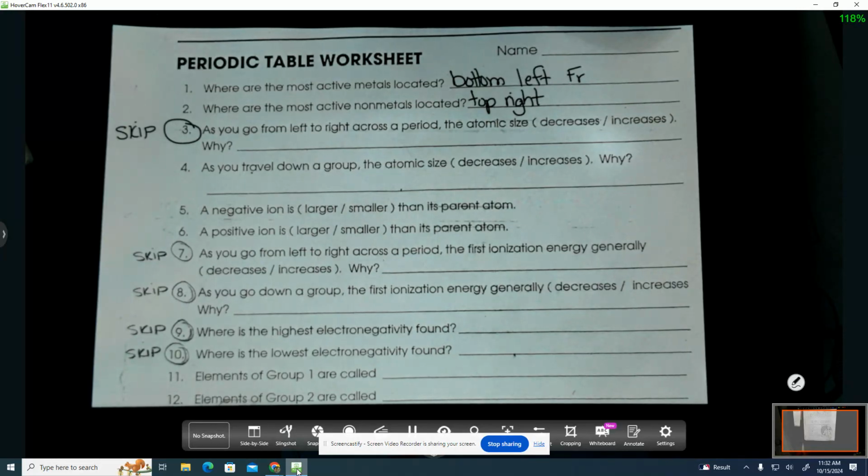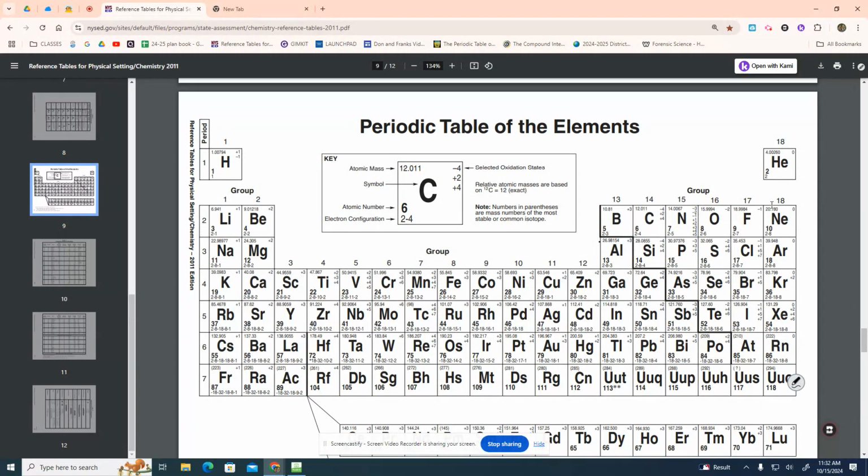They are close to the nucleus, but give me something else about helium. Yeah, why is helium not the most active nonmetal? Why is this element right here not the most active? You told me that it's top right is the most active nonmetal, so I assume it was helium. But why is helium not the most active?